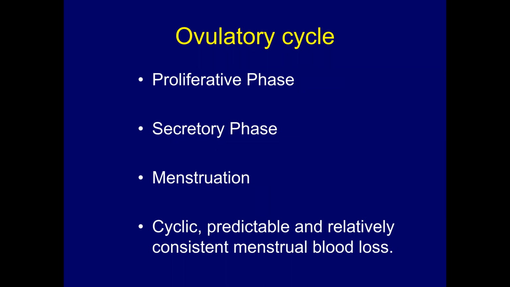They work in preparing the endometrium for menstruation. And that's where you see a regular, cyclic, predictable, almost consistent timing and amount of loss. And that's usually what we call regular ovulatory cycles.